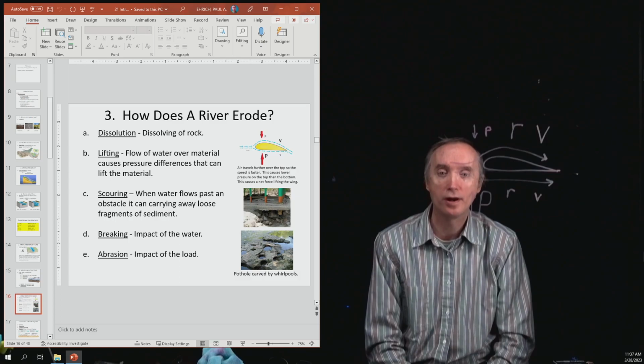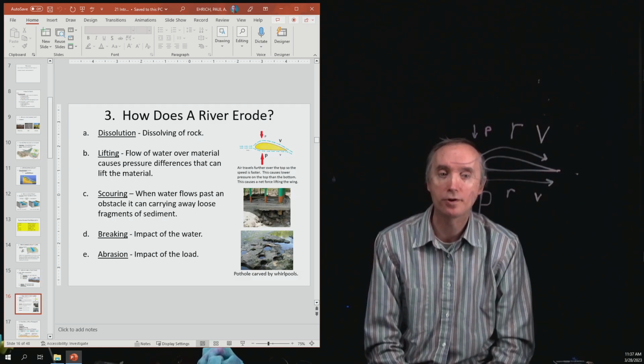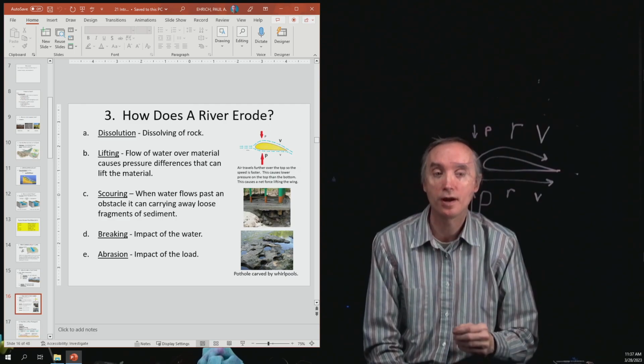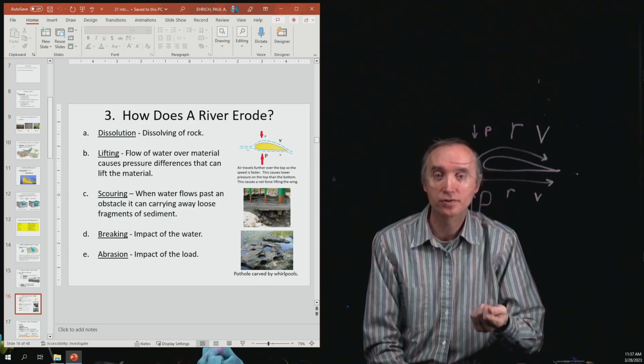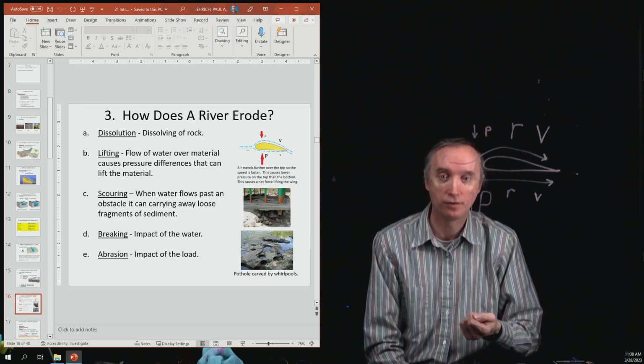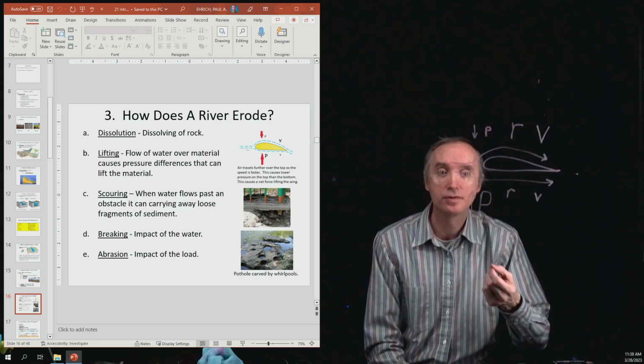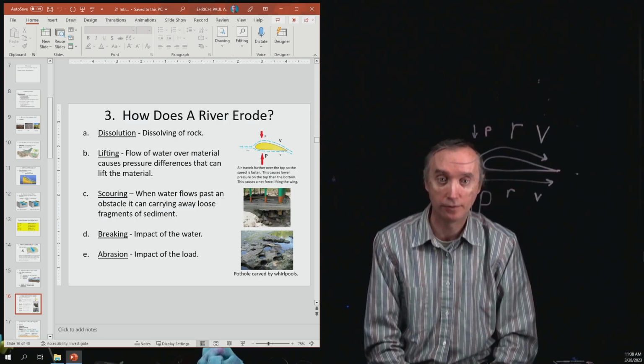Okay, then you've got breaking, which is what the water itself can do. Even if the water has no rocks flowing in it, just the force of the impact of the water itself can cause materials to break down.